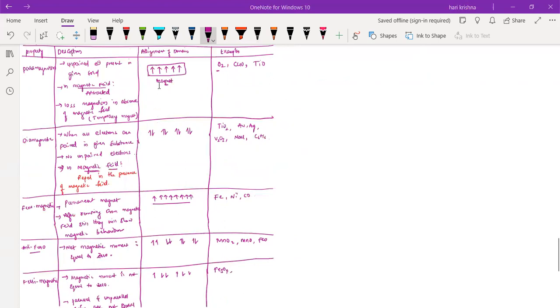This is a complete tabular column about the magnetic behavior. Any doubts?